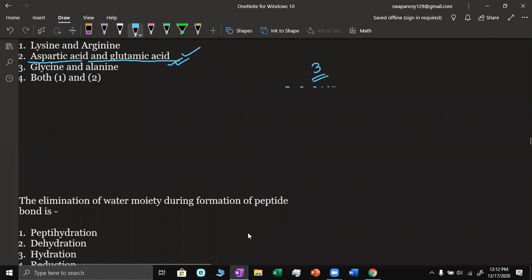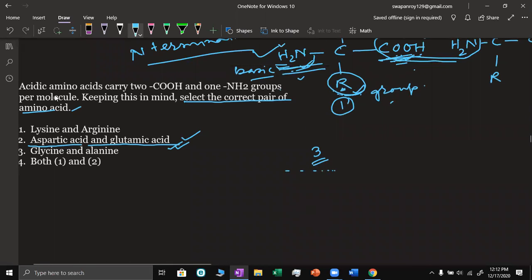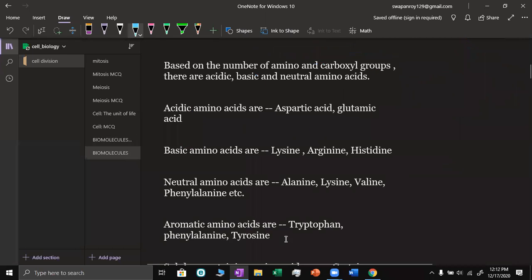I will show you some portion. See here, this is based on the number of amino and carboxylic groups.